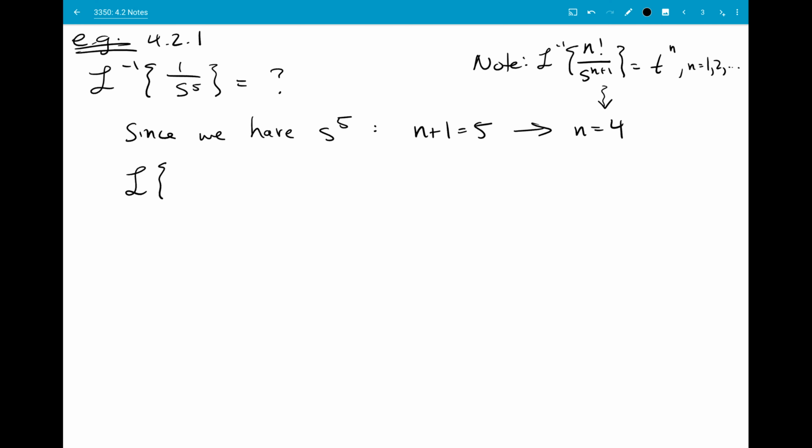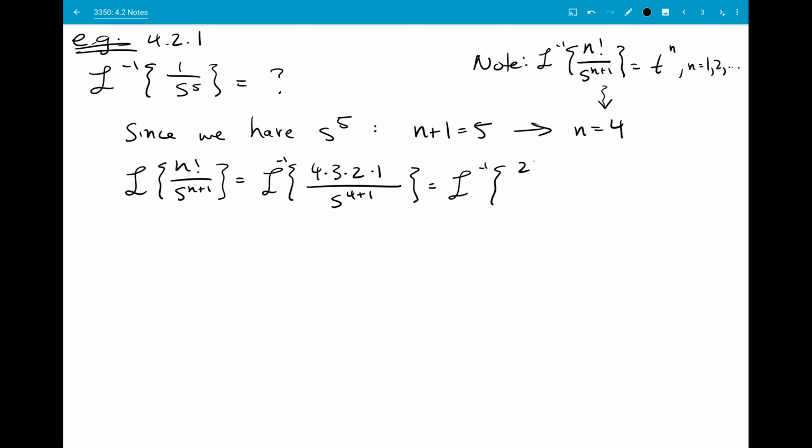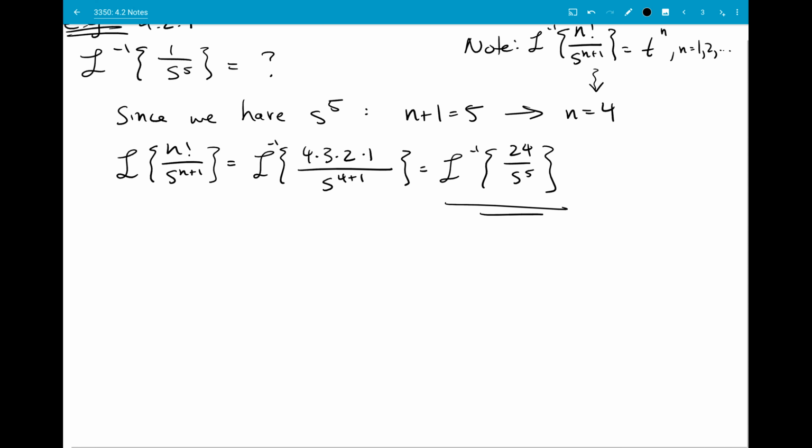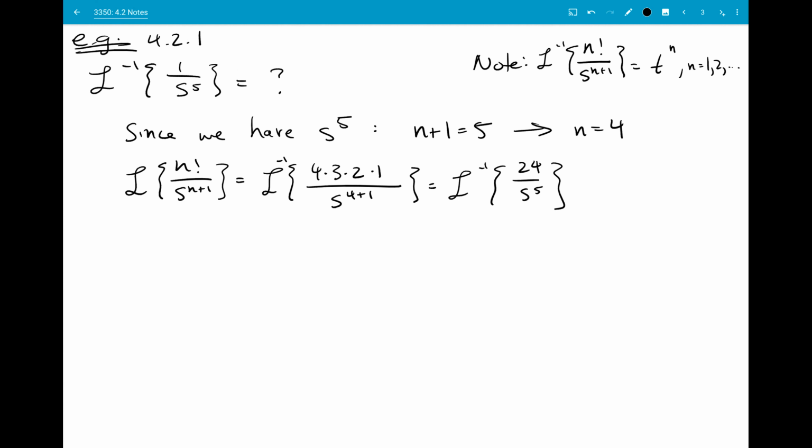So we know that L inverse of n factorial over s to the n plus 1 for n equal 4 would be L inverse of 4 times 3 times 2 times 1 over s to the 4 plus 1, which would be L inverse of 24 over s to the fifth. And so if we were trying to take L inverse of 24 over s to the fifth, our inverse Laplace table would tell us that that's just t to the fourth.